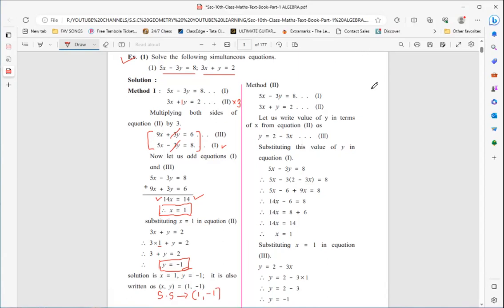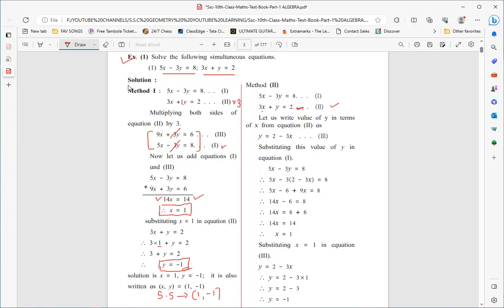This is one way of solving the two simultaneous equations. And there is another way of solving, which is method 2 written here. You will get the same answer, but this is a different method. So what we do here is we take the second equation and write y equal to 2 minus 3x.